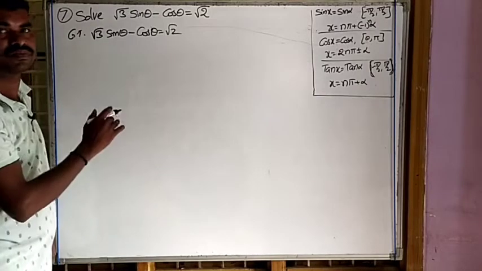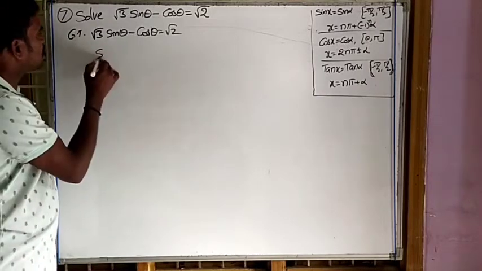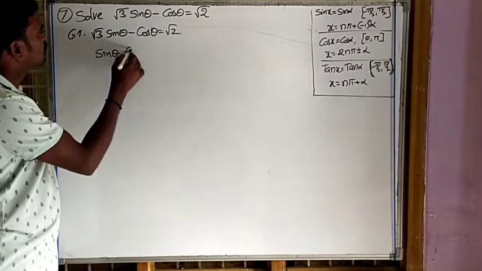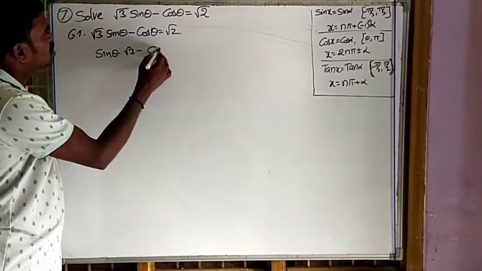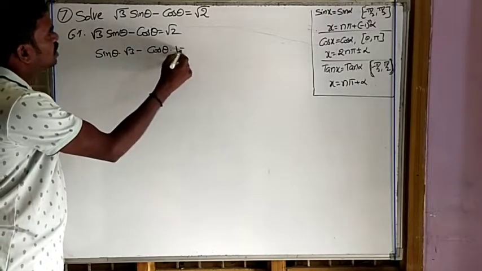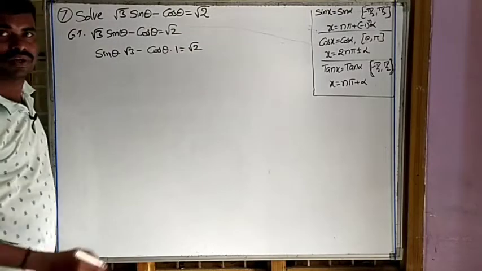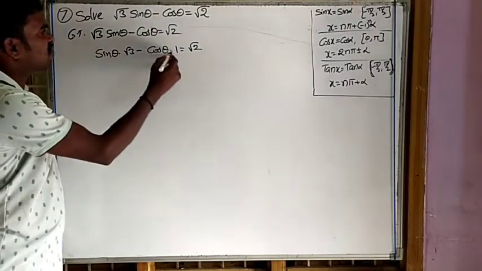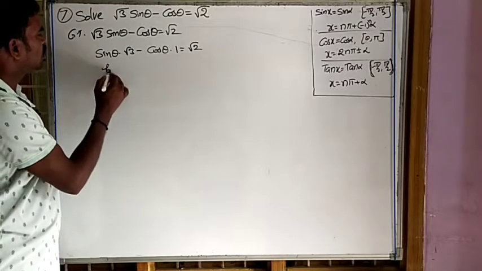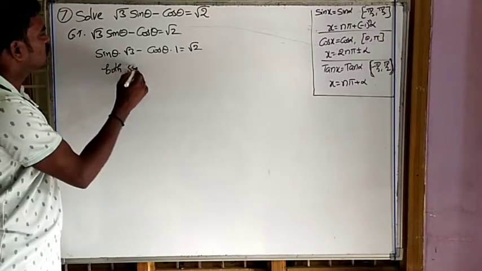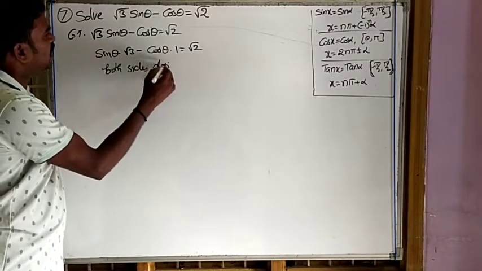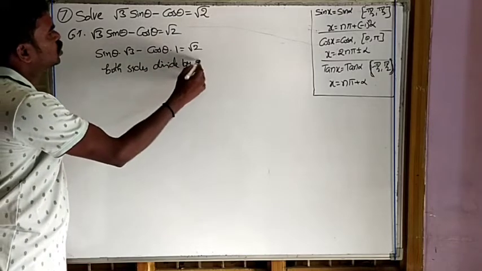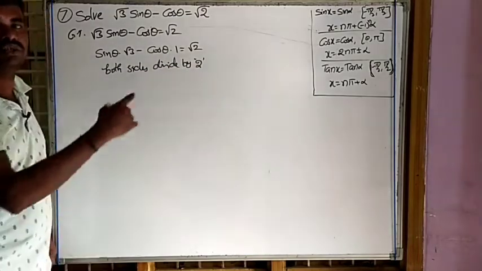So first I am writing sin theta into root 3 minus cos theta into 1 is equal to root 2. Division by 2 is required, so divide by 2 on both sides.